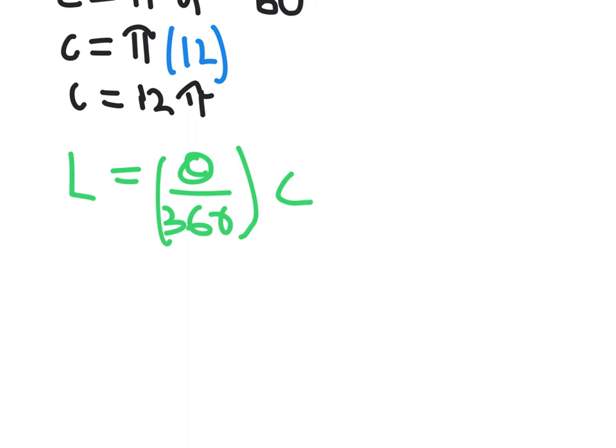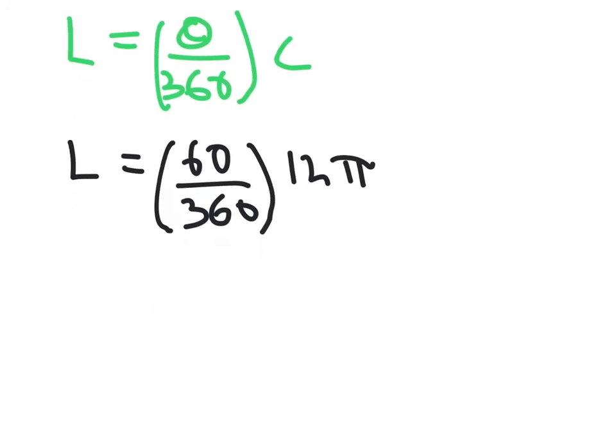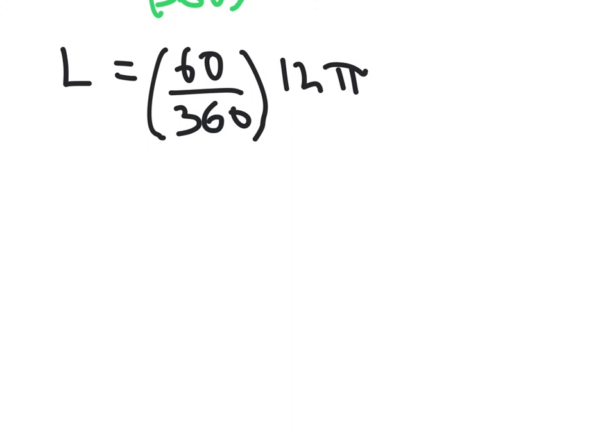And all we have to do to figure that amount out is substitute in our numbers. So we know that our L is going to be, now our angle is 60, and that's out of 360, and we're multiplying it by 12 pi because that's what our circumference is. Now what we can see here is 60 out of 360, well that's a fraction, and that simplifies to 1 over 6.